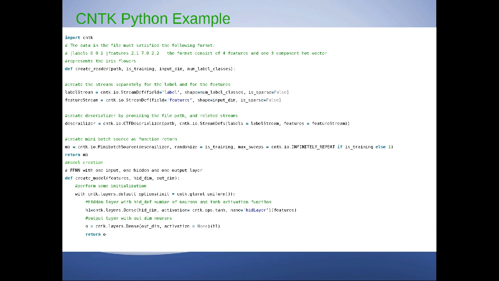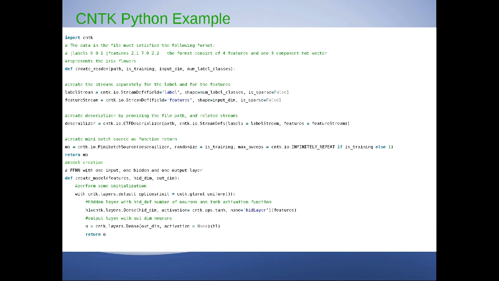The code here takes several arguments. Argument 1, path, equals the file path where the data is stored. Argument 2, is_training, equals a Boolean variable, which indicates if the data is for training or testing. In case of training, the data will be randomized. Arguments 3 and 4, input_dim and num_label_classes, are the number of input features and the one-hot output vector size.